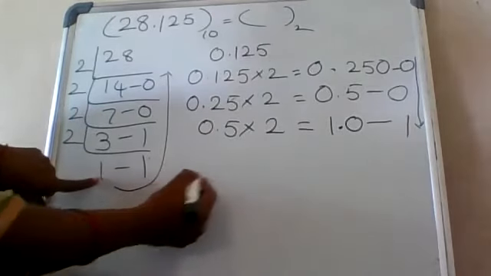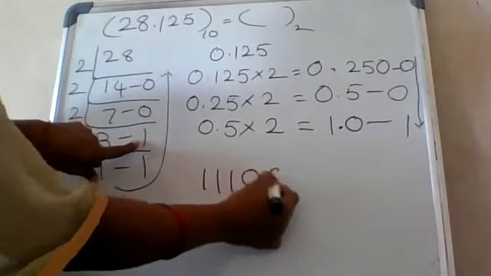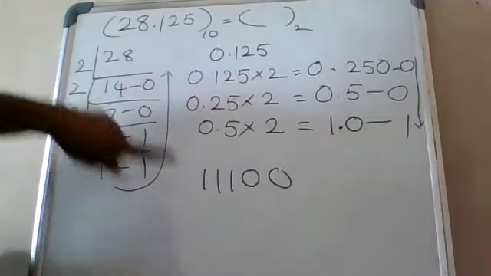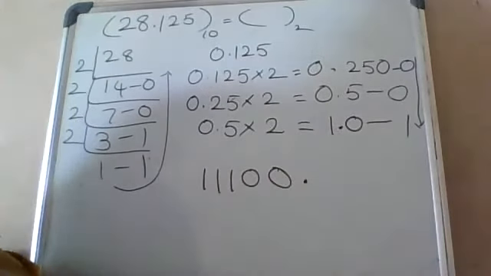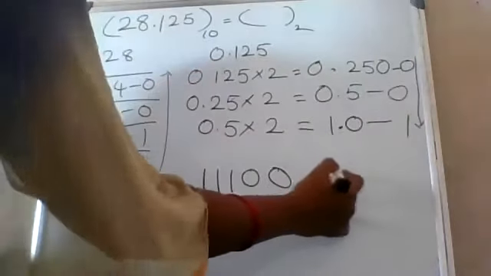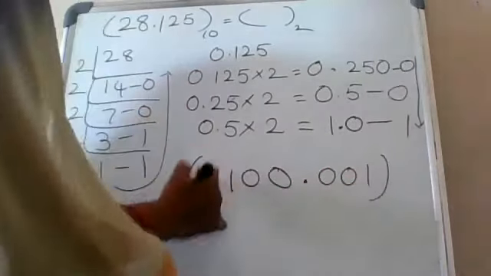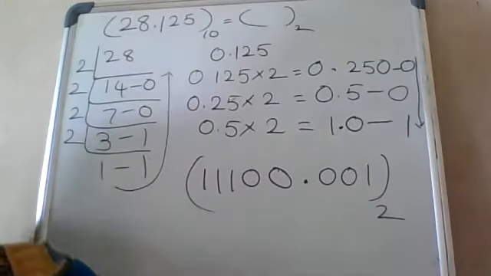Now I am writing here 11100 for the 28 number, then after the point 001. This is the decimal to binary conversion.